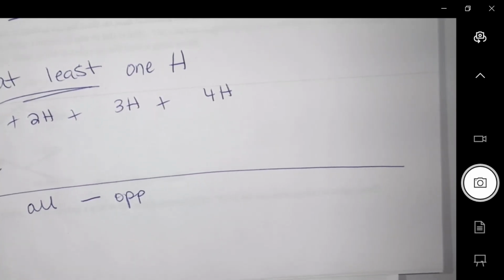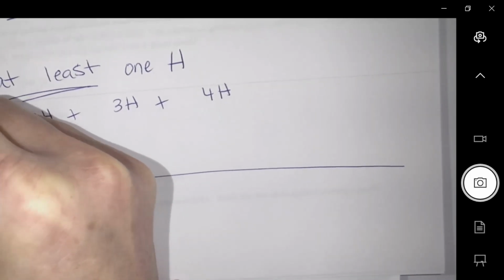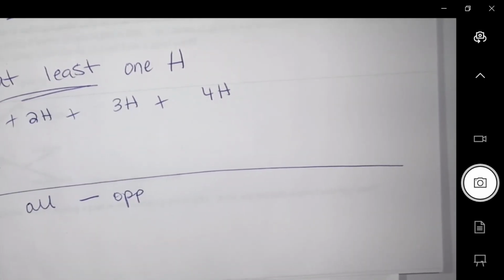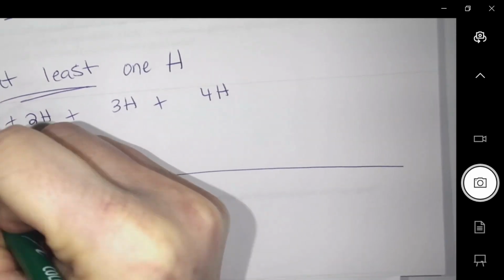I could go tail, tail, head, tail. So I'm going to have to do 4 choose 1. I'm going to have to times it because in that situation you're just choosing which one of the 4 flips is the head going to be on. So there were 4 different ways I could do that. So that is 4/16.